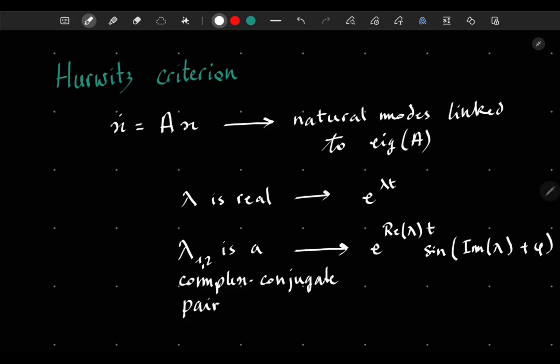So we can immediately see that the system has stable modes whenever the real part of the eigenvalues is negative, while it will be unstable if we have at least one eigenvalue with positive real part.